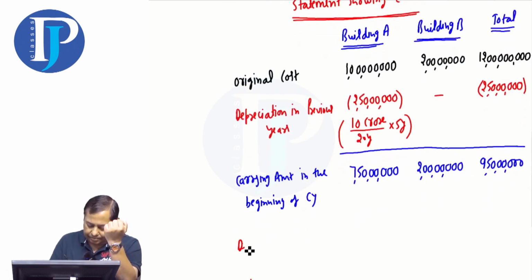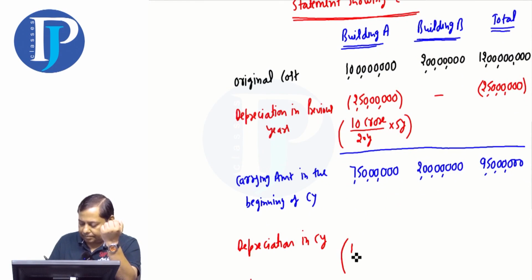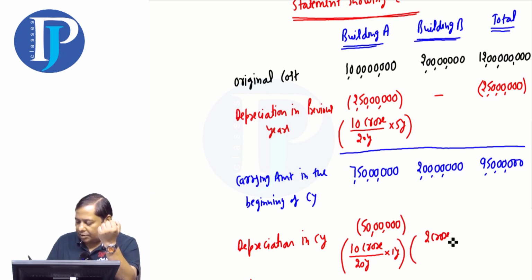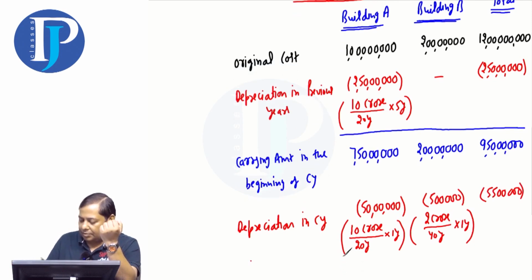Current year's depreciation. 10 crore divided by 20 years. Take the depreciation of 1 year. So 50 lakhs. We will divide 2 crore by 40 years. Its depreciation is 5 lakhs. Total depreciation 55 lakhs.